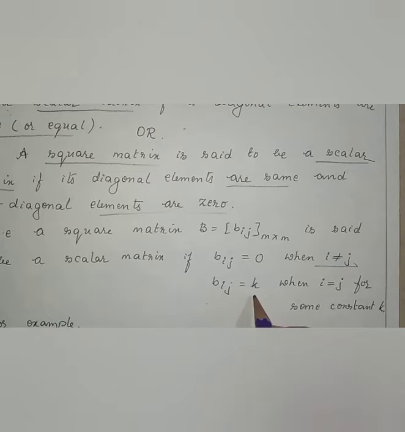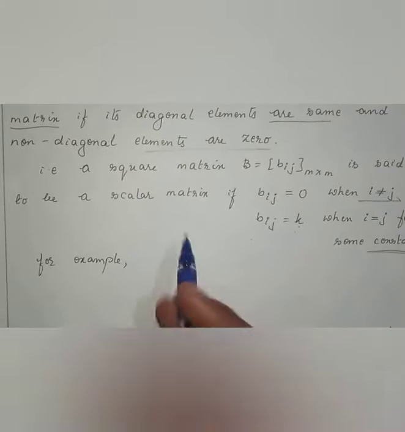And Bij is equal to k, where k is some constant, any number, that may be 0, 1, 2, 3 or any function. So Bij is equal to k, the same element, when i is equal to j, that is the diagonal entries. Let's see examples here.